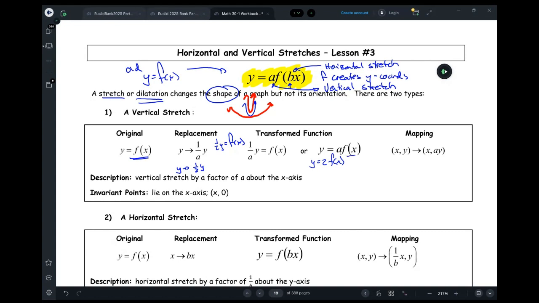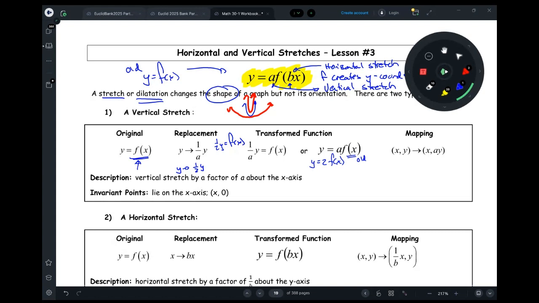Remember that f of x is the old y coordinate. Going back to our original function, f of x is that original y coordinate, and now I'm multiplying that by 2. So that becomes our vertical stretch. This is a vertical stretch by a factor of a.